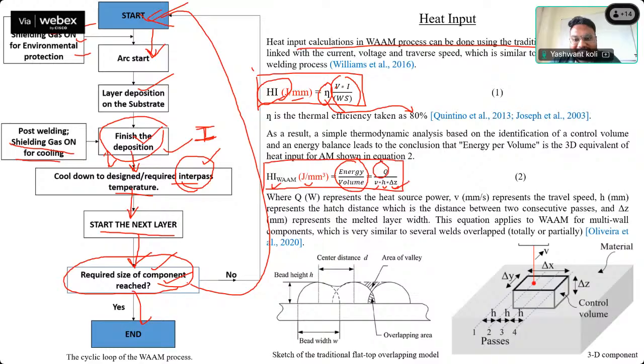That is also what we call the hatch distance. So that hatch distance is there, and height, and this is the travel speed. H is the hatch distance and delta Z is the melted layer width. So all these things we are calculating for heat input.